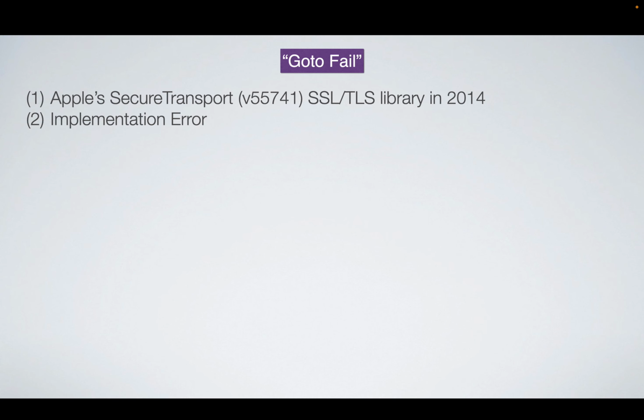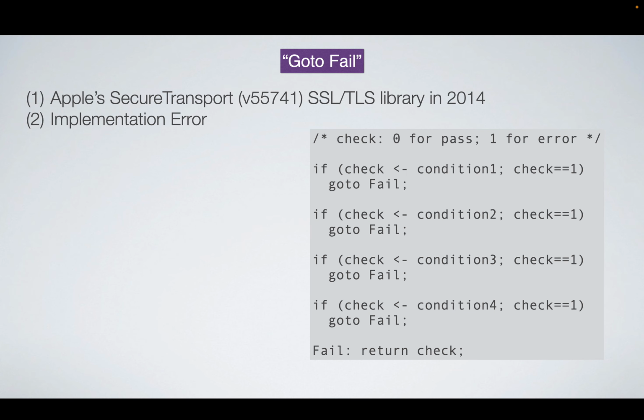The bug is kind of fun to explain, so I'll try and show it to you using very high-level pseudocode. This is the way it worked. We have a variable, and we're going to do a bunch of checks. If the check passes, we're going to keep the variable at 0.